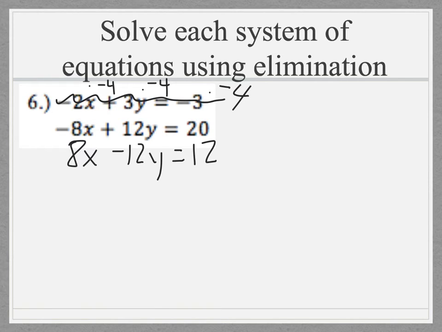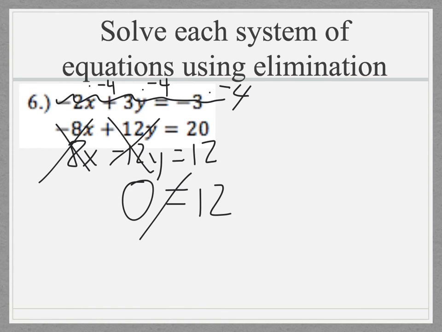So let's go ahead and eliminate. Those cross off. But then if you look at these, 12y minus 12y gives me 0. That cancels off, so I'm just left with 0 on the left side equals 12. Well, 0 doesn't equal 12, so this is no solution.